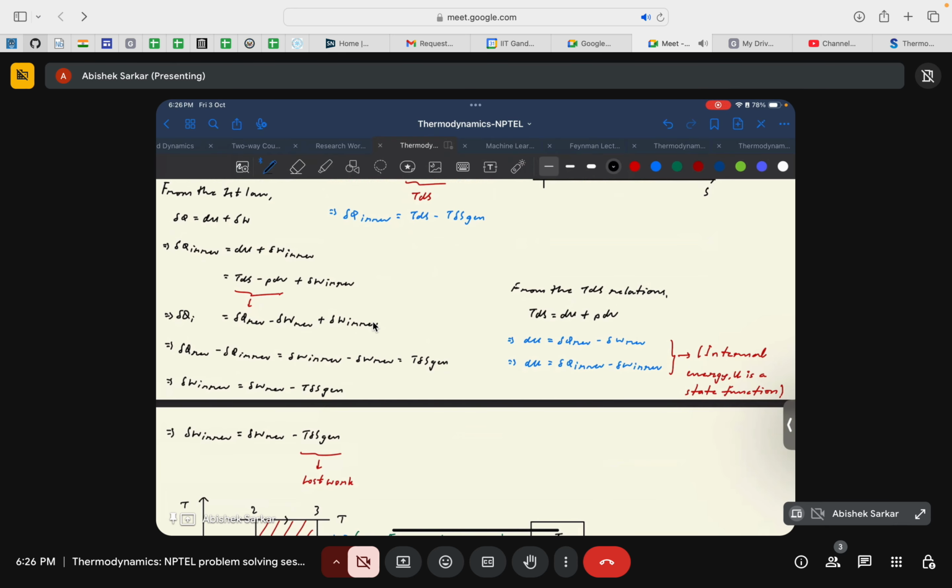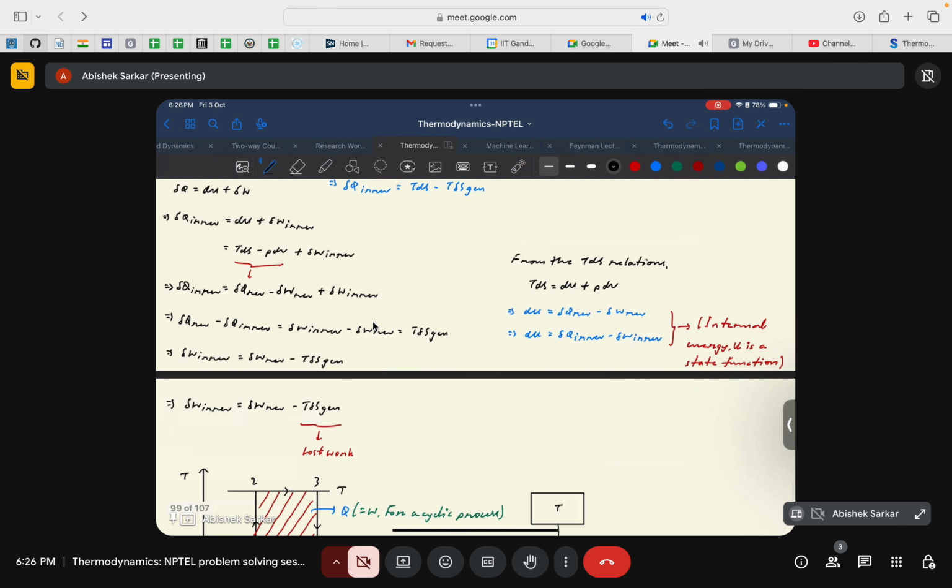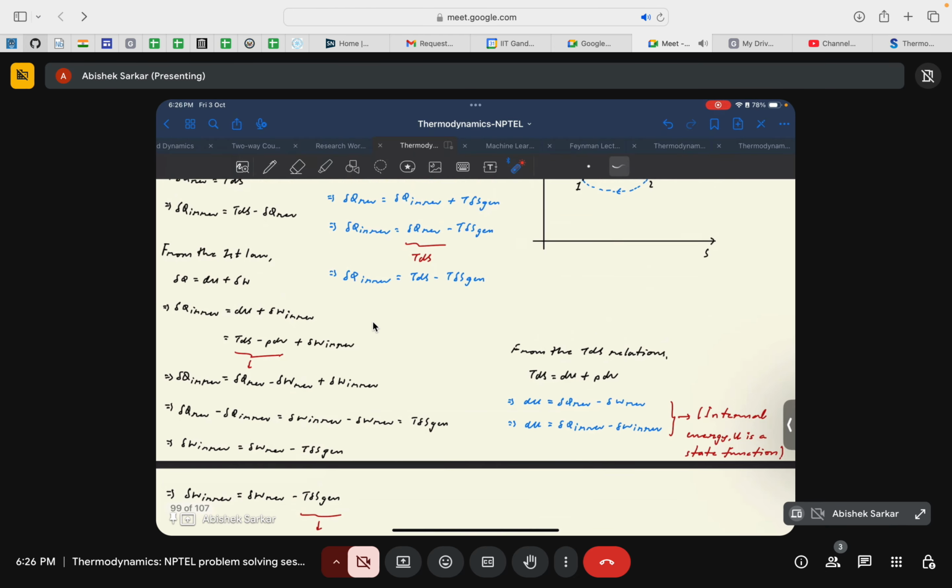δQ irreversible. Okay. So now if you rearrange this equation, you can write δQ reversible minus δQ irreversible to be equal to δW irreversible minus δW reversible. And since we know from this equation that δQ reversible minus δQ irreversible is equal to T dS gen, I think I should write it somewhere here.